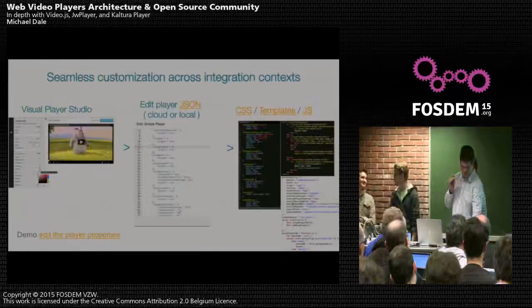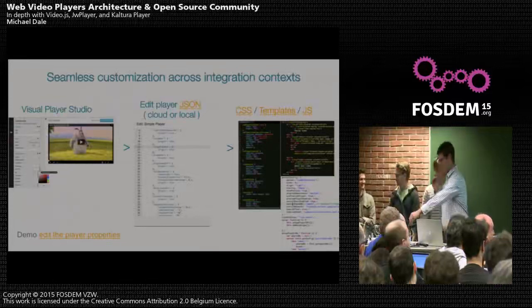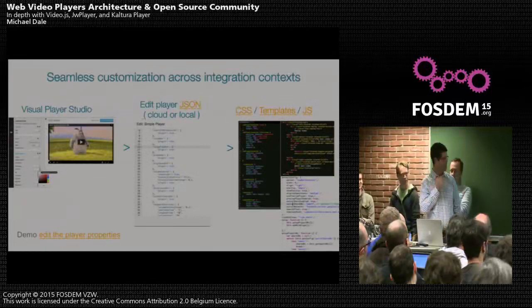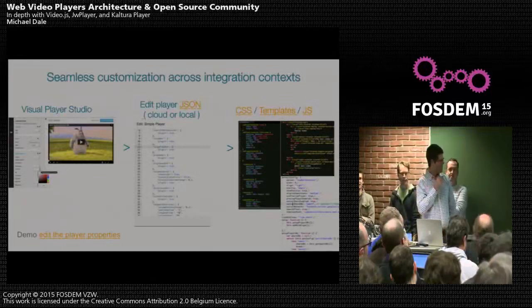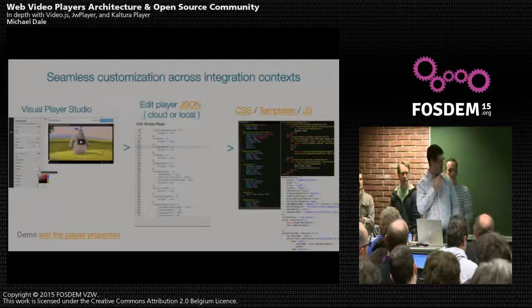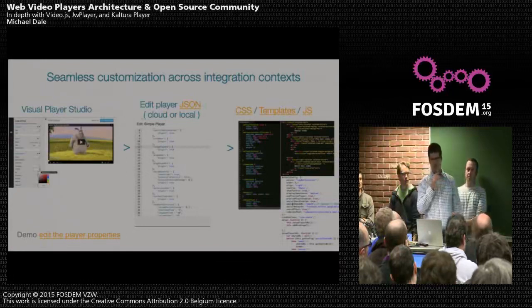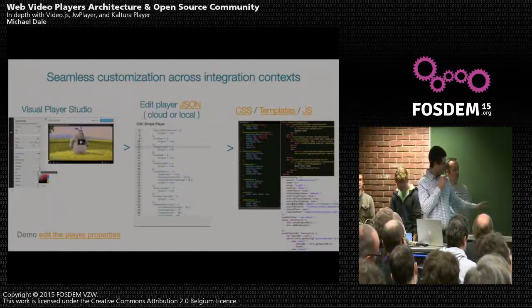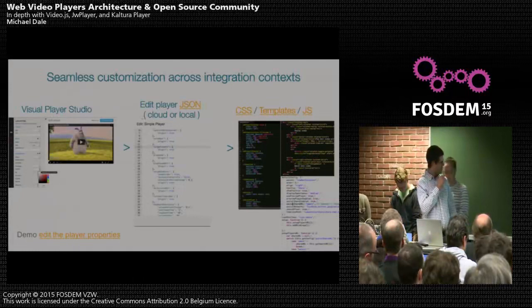Hi, thank you, Michael. So basically, as Michael mentioned, we wrap each player as an abstract layer, and on top of that, we build JavaScript plugins, HTML templates, and CSS in order to configure how the UI will look. We have a studio where you can check plugins in and out, and then you will see them on the screen.